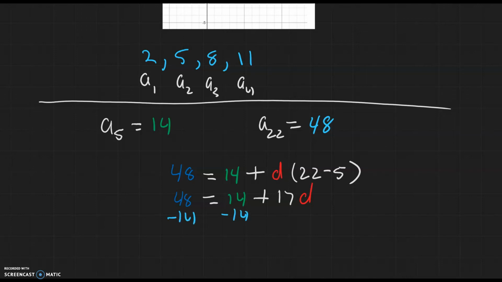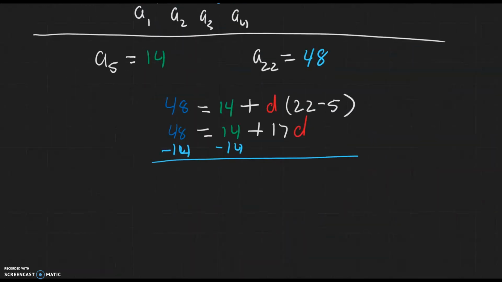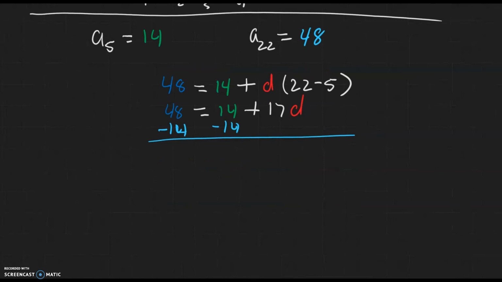That's going to give me 34 is equal to 17d. And if I divide by 17, it turns out that the difference, which is d, is equal to 2.